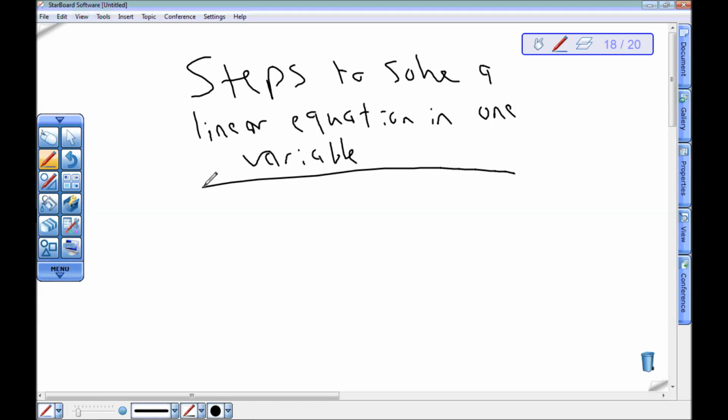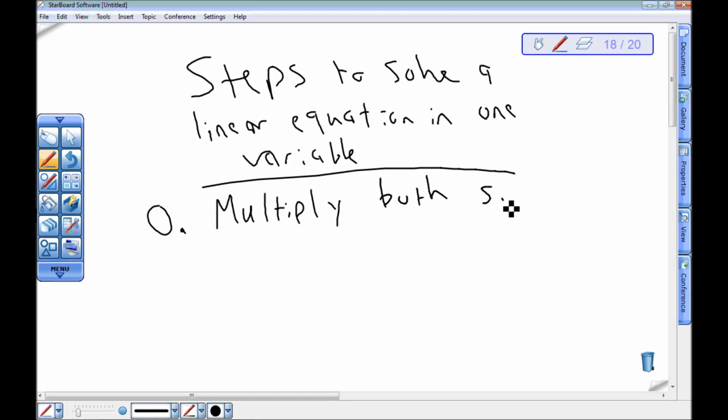Okay, I'm going to start with step 0. That's because this first step is optional, even if it's possible to do. Now, sometimes you won't have to do some of these steps or other of these steps. You never have to do this first one, but you can. So if you have fractions, it's really when you'd use this.